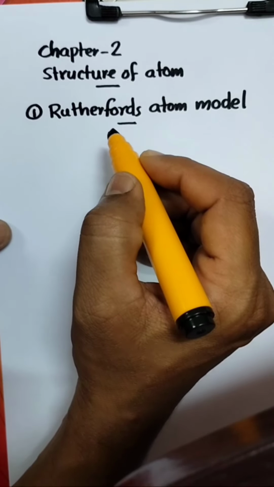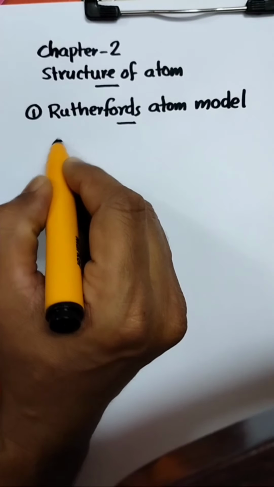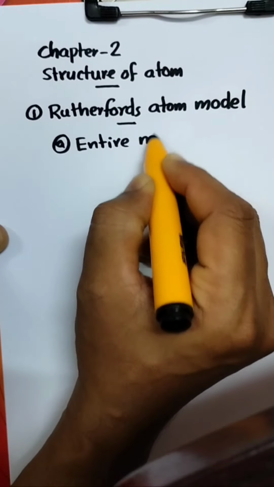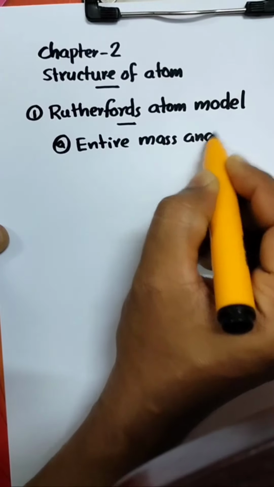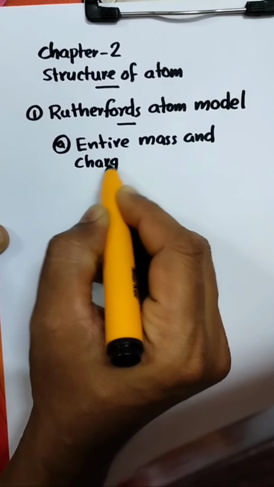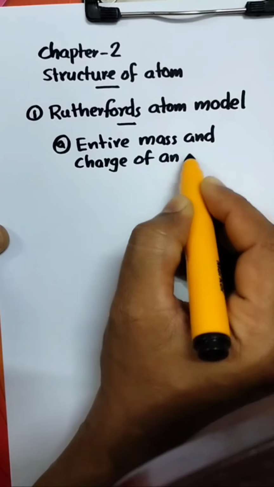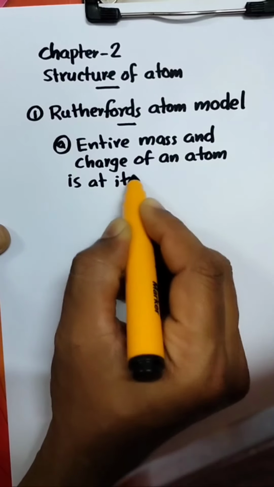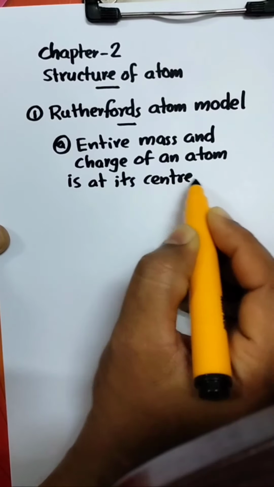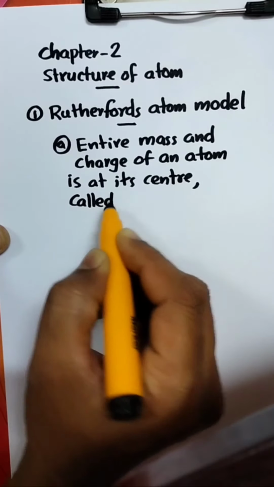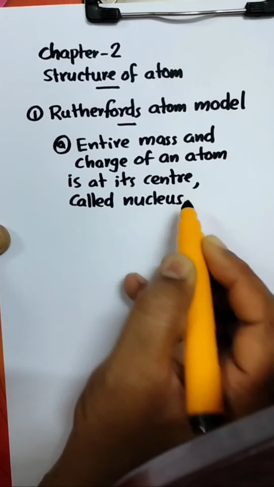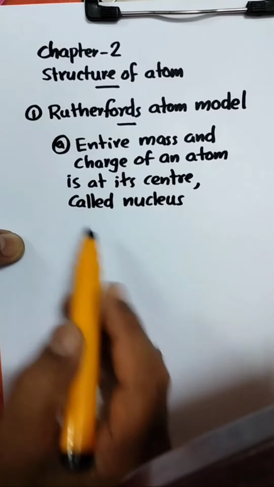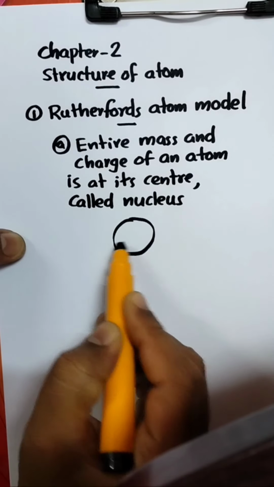Rutherford's planetary model. First point, the entire mass and charge of an atom is at its center, called nucleus.